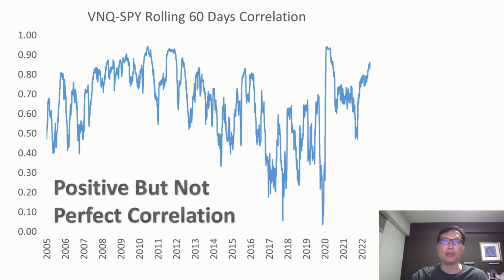Now, VNQ is a popular US REIT, so I've used it here just to illustrate the correlation between REITs and stocks as represented by SPY. As you can see, they are positively correlated, but the correlation is not perfect. So REITs can also offer some diversification away from stocks.